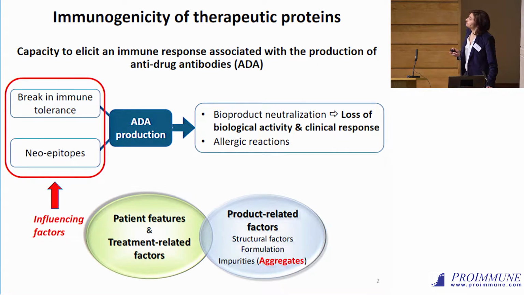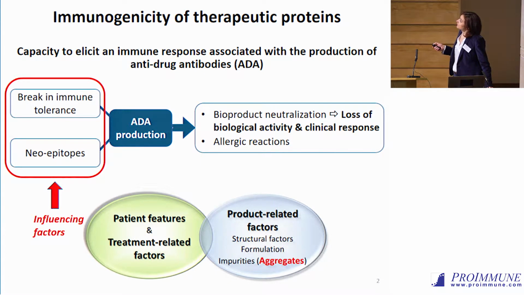So, as you may all know, patients that are treated with therapeutic proteins may elicit some unwanted immune responses, and they may develop the so-called anti-drug antibodies, ADA. And these patients can get immunized in two ways.